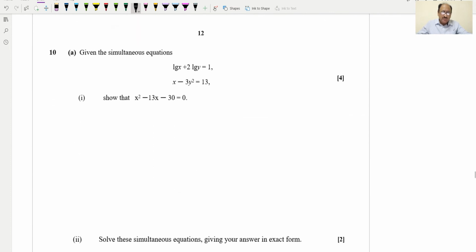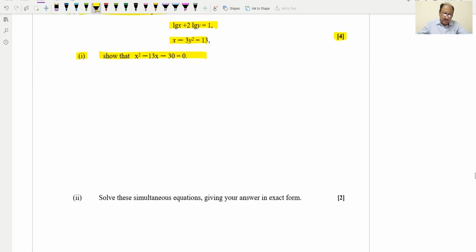Now this is question number 10, and it is a simultaneous equation which we have to solve. Given the simultaneous equation, these two equations are given, and for part 1 we have to show that this is a quadratic equation. So what we can do, we can write log of x plus log of y square, and we can write 2 as this one square is equal to 1.